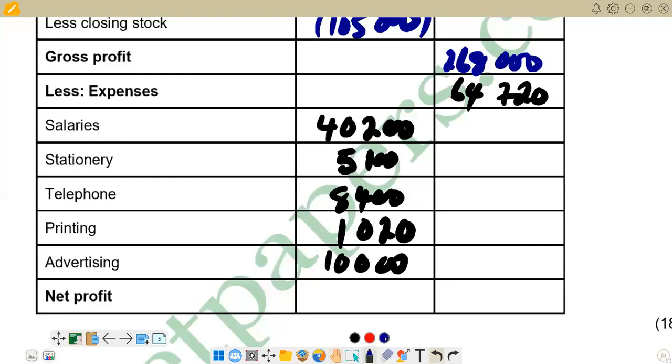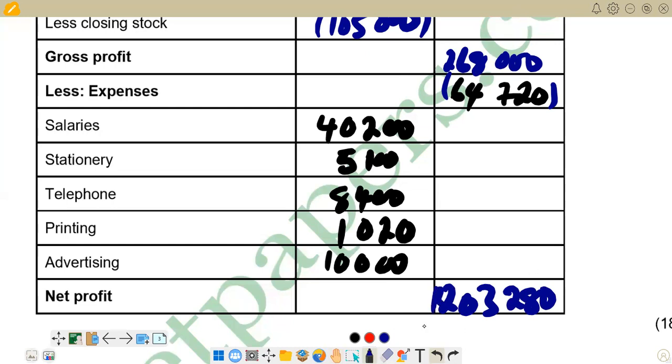So this one is the one that we are going to subtract expenses from. We are saying 268,000 minus 64,720, and then you get your net profit here, which is 203,280. And this one is obviously in rands.